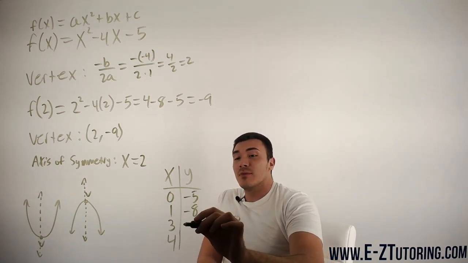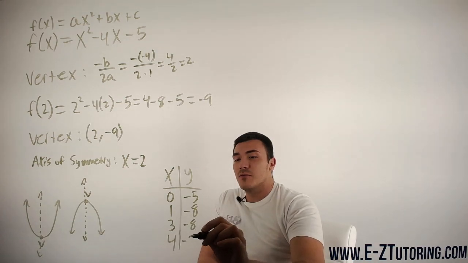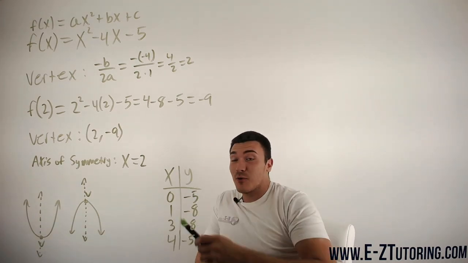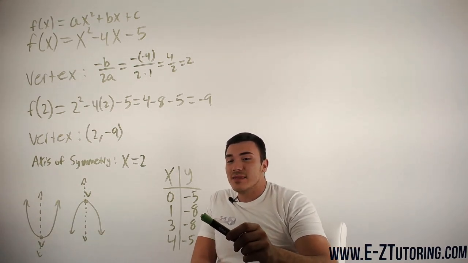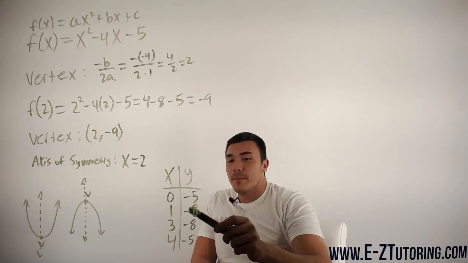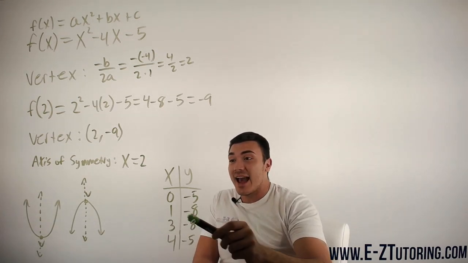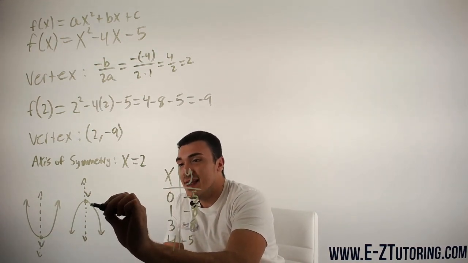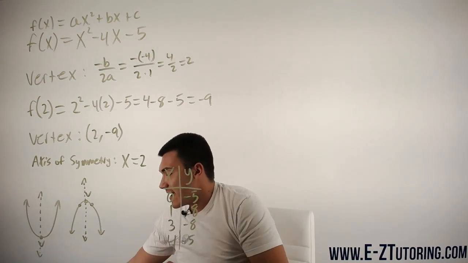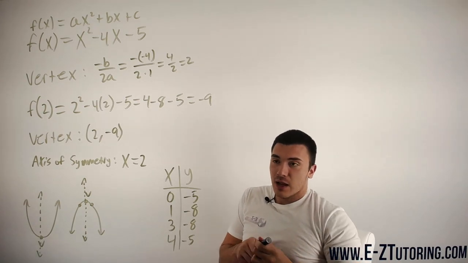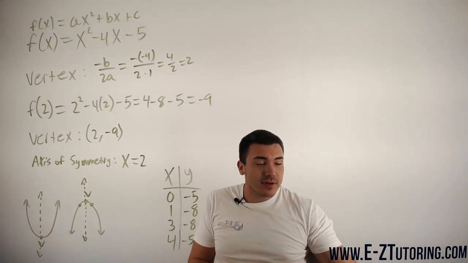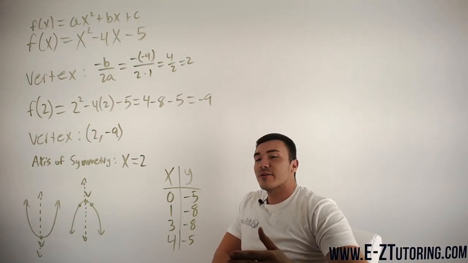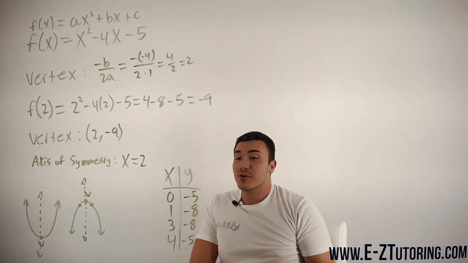When you plug in a 3, you'll get negative 8, and when you plug in a 4, you'll get negative 5. And no, I didn't just do the math that quickly in my head. It's just that 3 will be the same as 1 because of the axis of symmetry. Axis of symmetry means that whatever is on this side is going to be the exact same on this side. That will be a little bit easier to see once I graph it. So this is all of your prerequisites. This is everything you need in order to start graphing it.